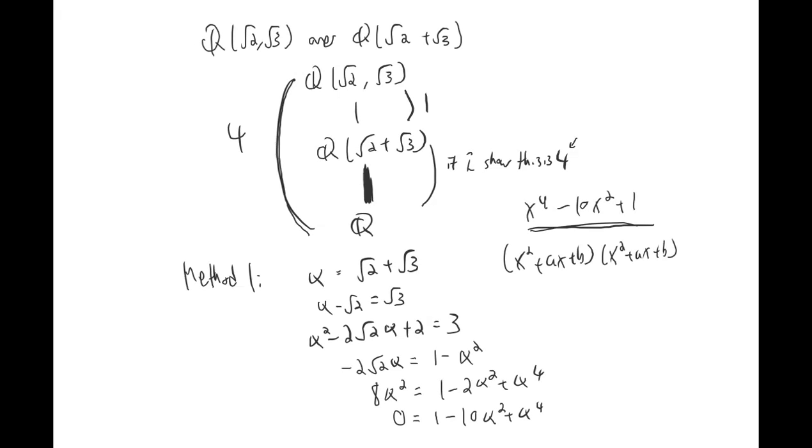If it had a root of this thing, it can't factor as 3, 1, because if it's 3, 1, then clearly Q of root 2 plus root 3 is not Q. So we assume that it's not a product of two quadratics. Oh, sorry, what am I doing? C and D.